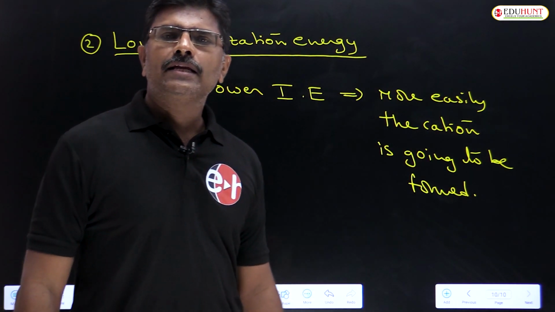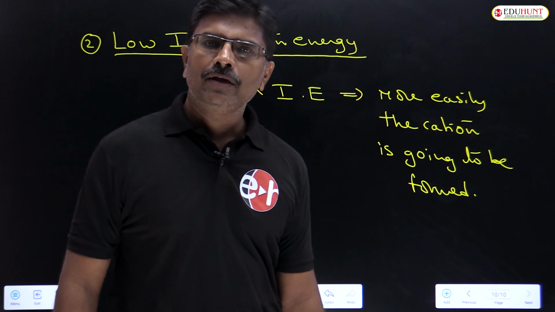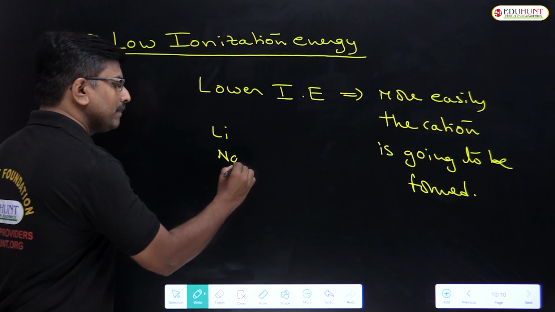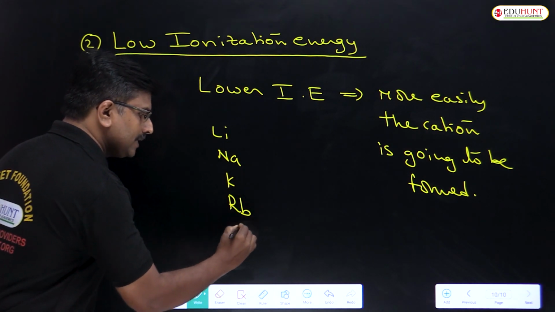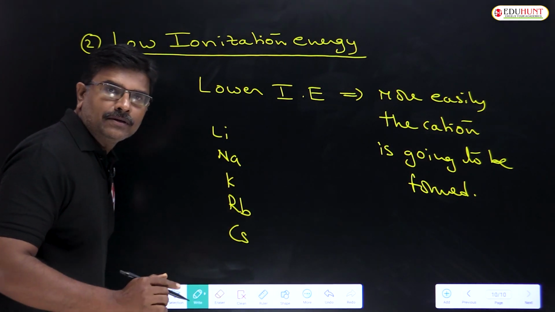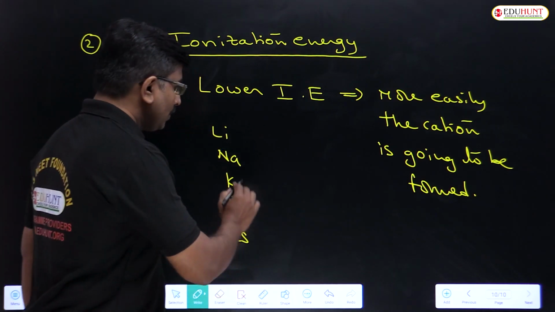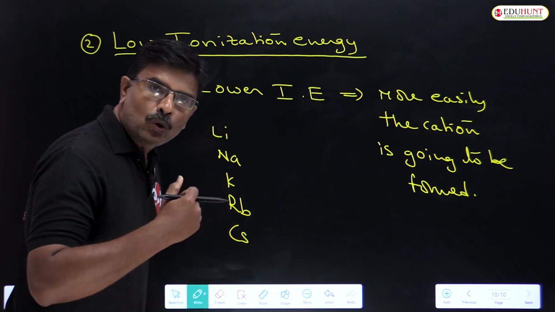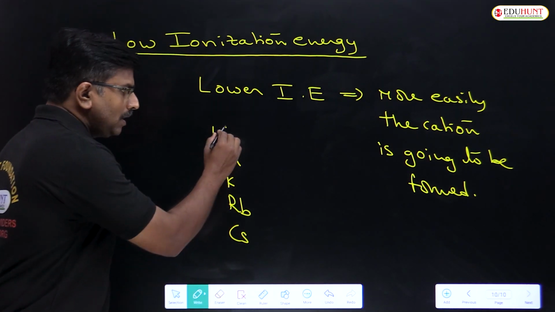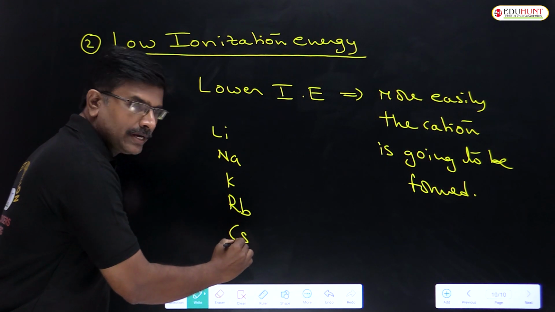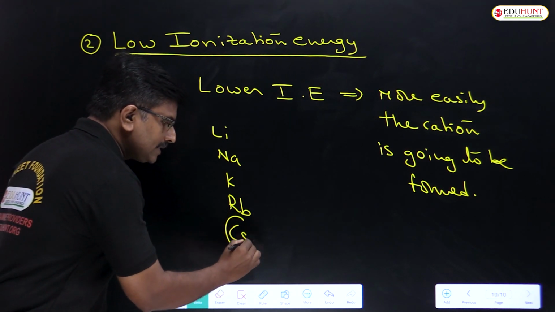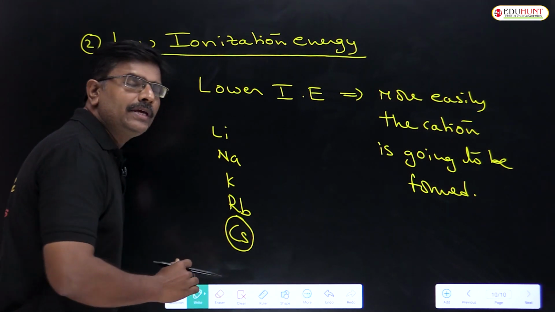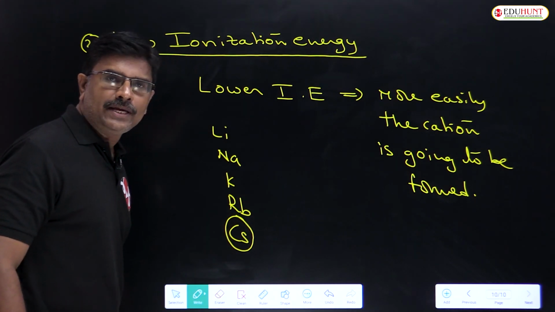So if you consider again the 1A group elements, lithium, sodium, potassium, rubidium, cesium, you all know that cesium has the low ionization energy. Among all the 5 elements of the 1A group, cesium has the lowest ionization energy. So the cesium plus cation is formed easily.